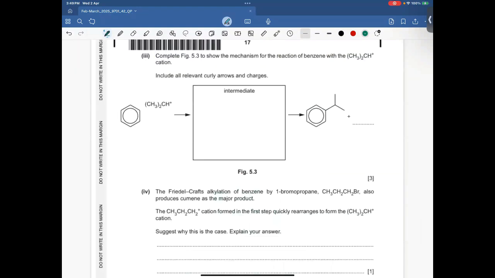Include all relevant curly arrows and charges. That's an easy task. Pi bond is reacting with this electron deficient carbon, and as a result, a pi complex is formed. Each carbon has one hydrogen.